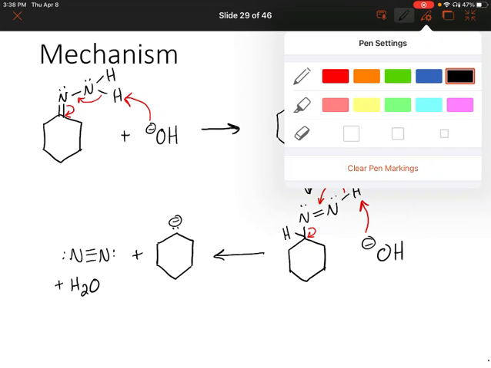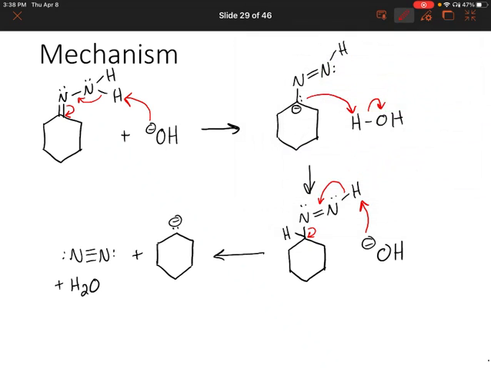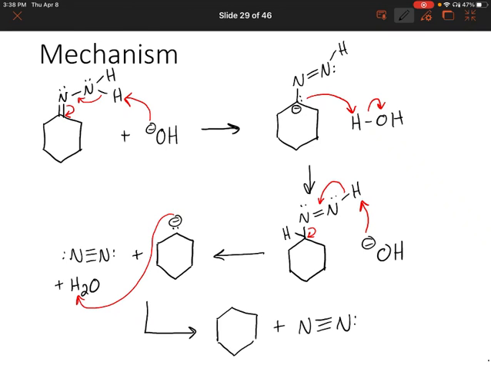So our negatively charged carbon on the cyclohexane ring, that's going to grab a proton from water. And I'm not drawing the full mechanism there, but you know what that is. And we get cyclohexane plus nitrogen gas plus our hydroxide, which will regenerate from our water molecule that just lost a proton to cyclohexane.